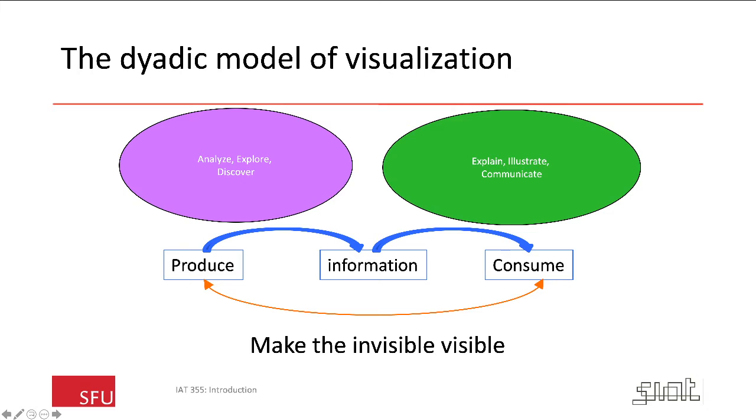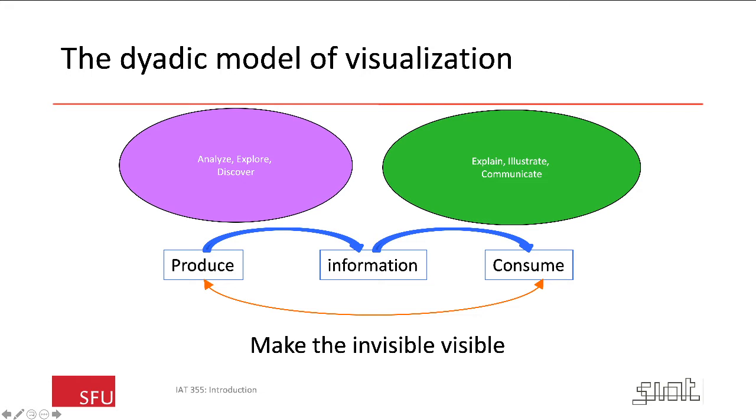Okay. One of the things that we often find ourselves doing when we're using visualization tools is this back and forth process of the kinds of things that people think about when you're using a visualization system. So on the left, we have analyze, explore, and discover.